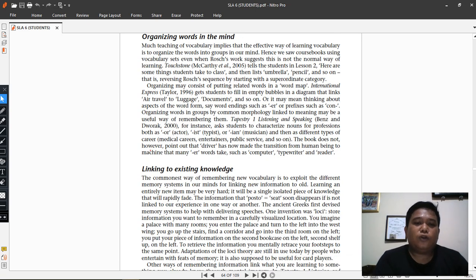And then, linking to existing knowledge. This is also already done. Like I said before, when you teach about verbs in the last meeting, and then in the other meeting you teach something still related to the last meeting's subject, then you are already linking to existing knowledge.